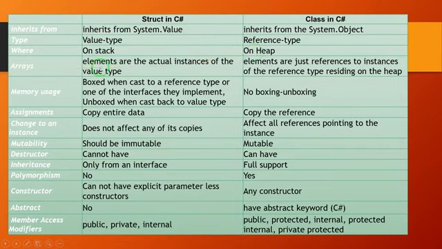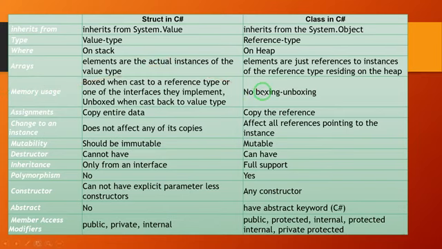In the case of an array, the elements are the actual instances of the value type, whereas for classes the elements are just references to instances of the reference type residing on the heap. Memory use: a struct is boxed when cast to a reference type or one of the interfaces it implements, and unboxed when cast back to the value type.